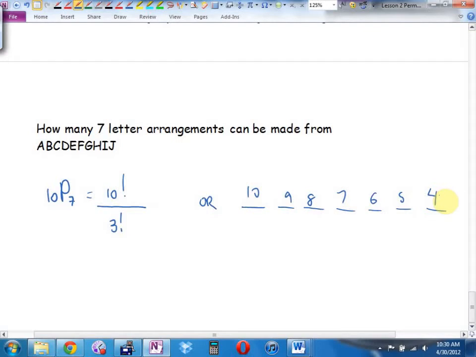What is 10 factorial divided by 3 factorial? Can someone do that on their calculator? 604,800. Mr. Dueck? Yes, Amanda. It'd be kind of nice if our calculators had this built in. Yeah, it would, wouldn't it?